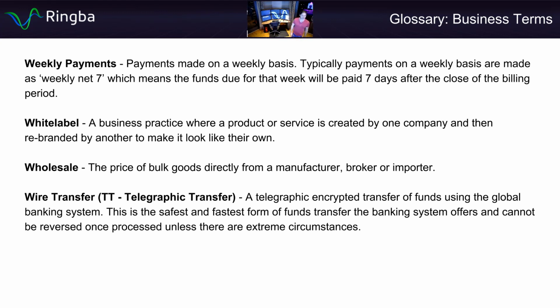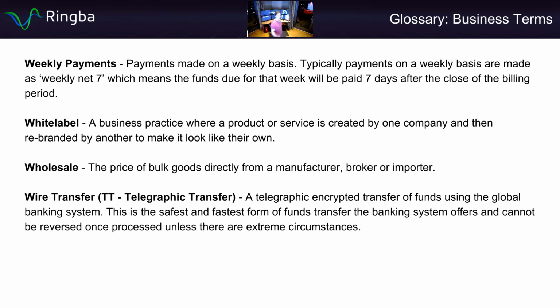It's a wholesale transaction. A wire transfer, or TT, as some foreigners call it if you're not American, is a telegraphic encrypted transfer of funds using a global banking system. This is the fastest and safest form of funds transfer any banking system offers and cannot be reversed once processed unless there are extreme extenuating circumstances like fraud or theft or identity theft.